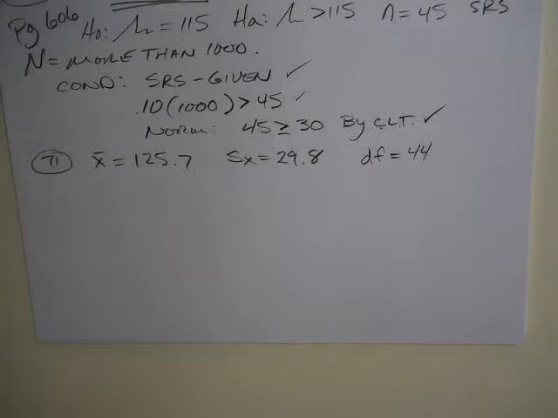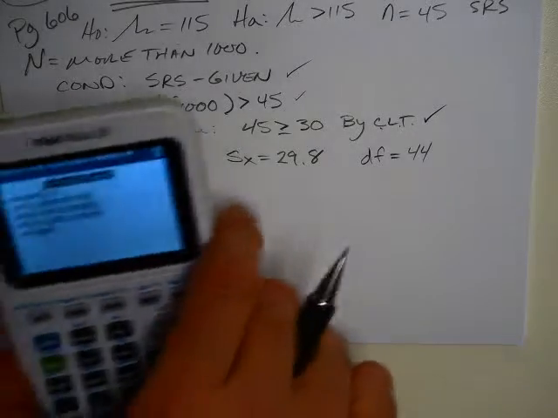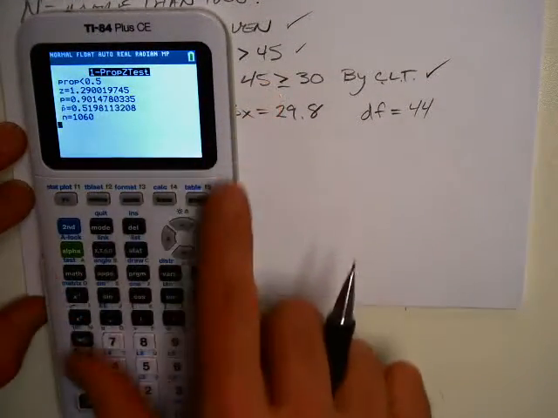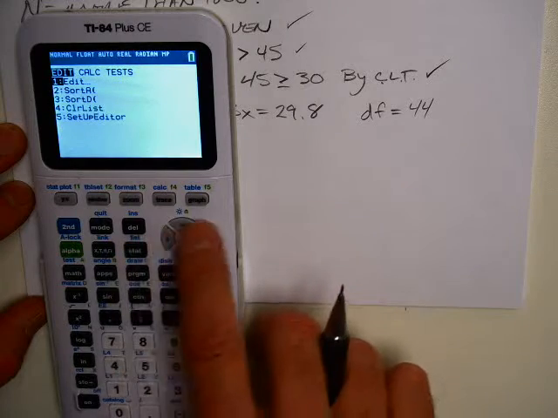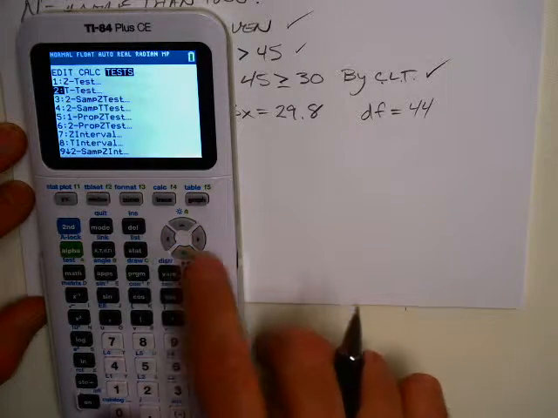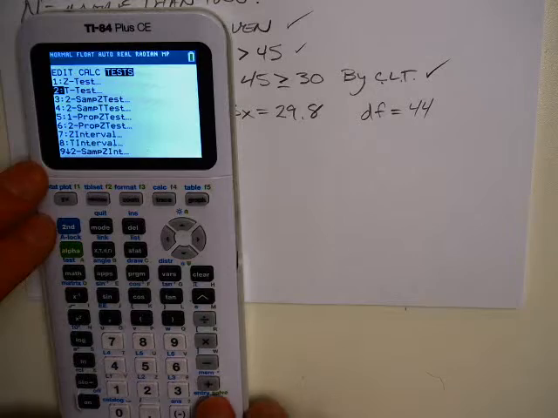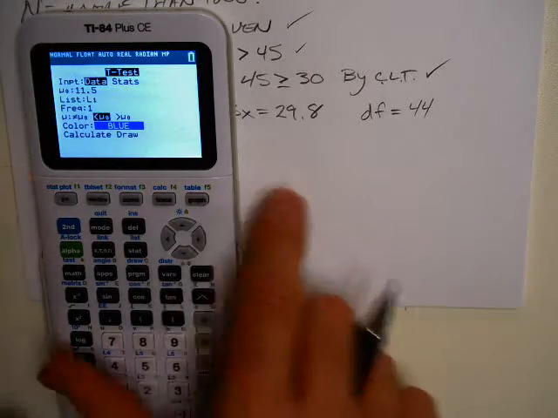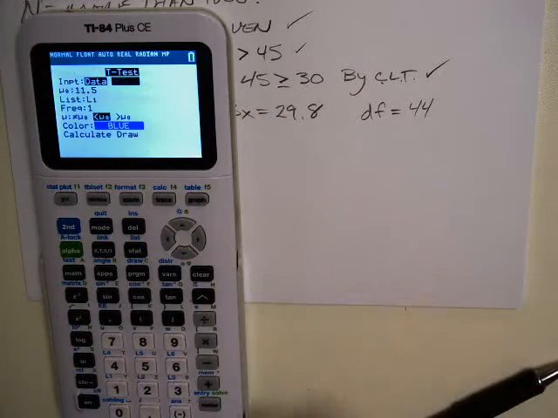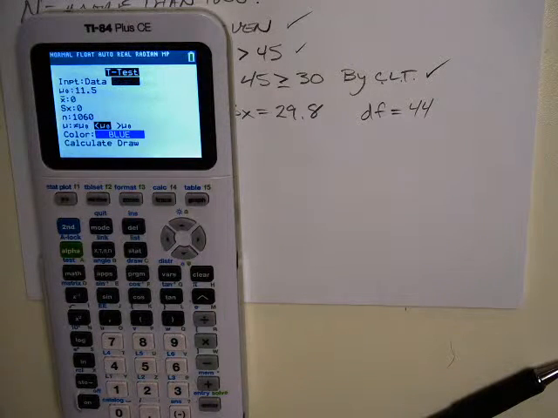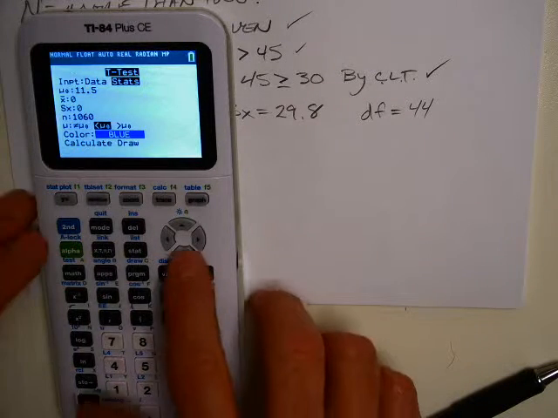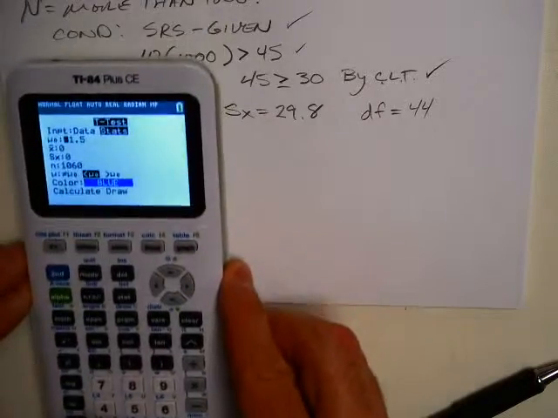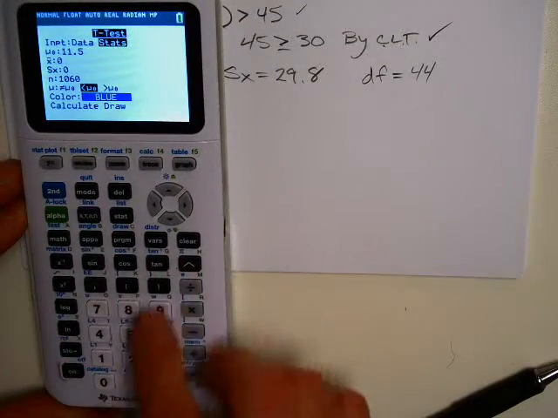But we don't totally need to worry too much about that if we're using the calculator. It's going to take care of that for us. So let's go to a t-test. So stat, tests, t-test. In this case, we have stats, not data. So if you had a list of values, you could use the data and just tell it where that list is. So our mu sub naught in this case is, let's see, what do we have, 115?